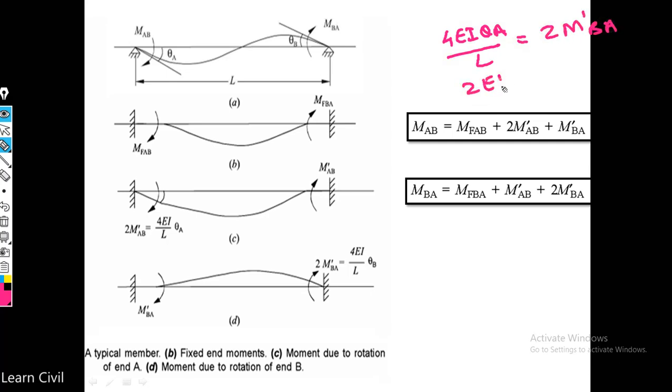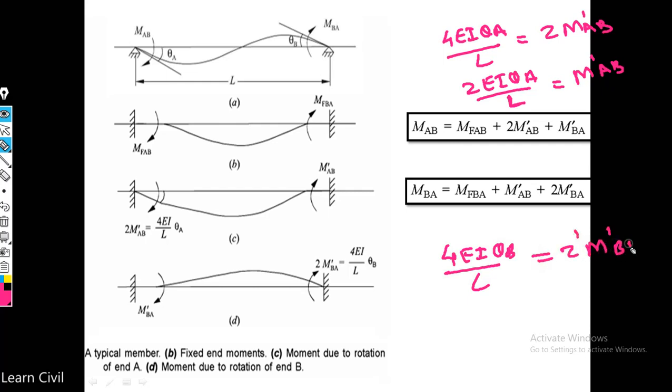Instead of 2EIθA divided by L, we will be writing M'AB. Similarly, 4EIθB divided by L will be written as 2M'BA, and 2EIθB divided by L will be written as M'BA.